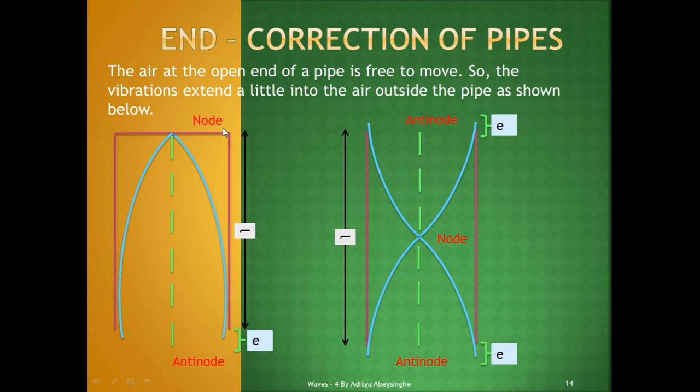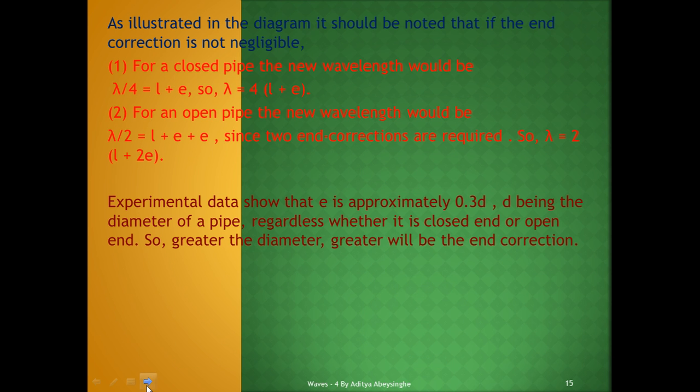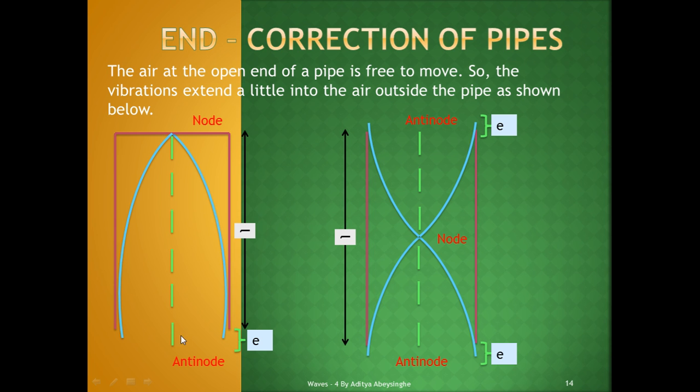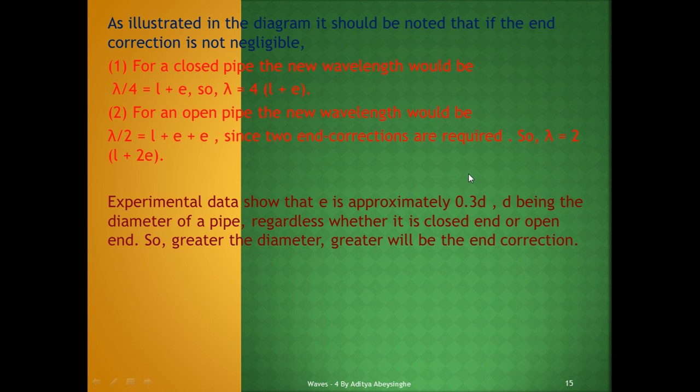Although I draw it in 2 dimensions as a rectangle, a pipe is actually cylindrical in 3D. So you have not a width here, but the diameter of a circular area. So let that diameter be d, and you can find experimentally that E is approximately 0.3d, right?